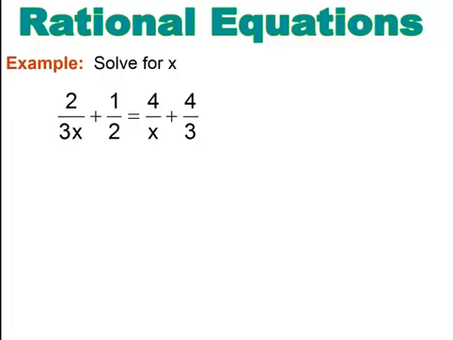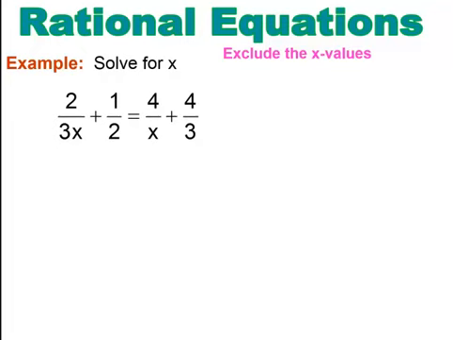And when we're working with rational equations and we're solving for the variable, the first thing we need to do is find the value of x that would create an undefined solution. And that means whatever x value would create a 0 in the denominator. So in this case, we see that we have 3x in the denominator and we have x in the denominator.